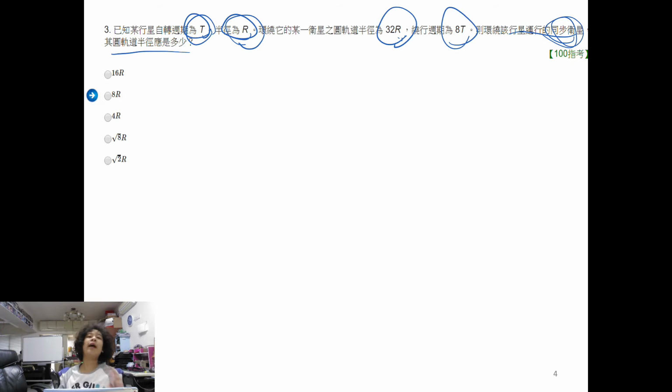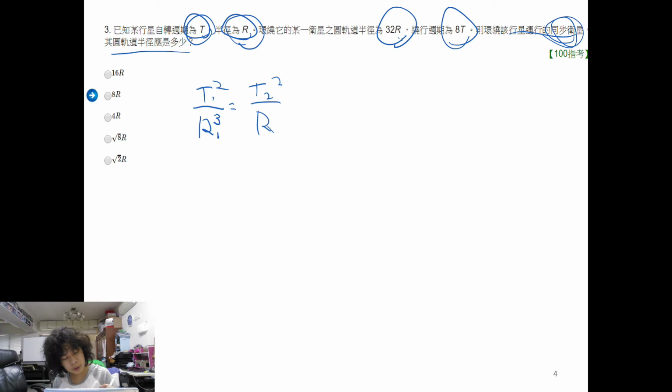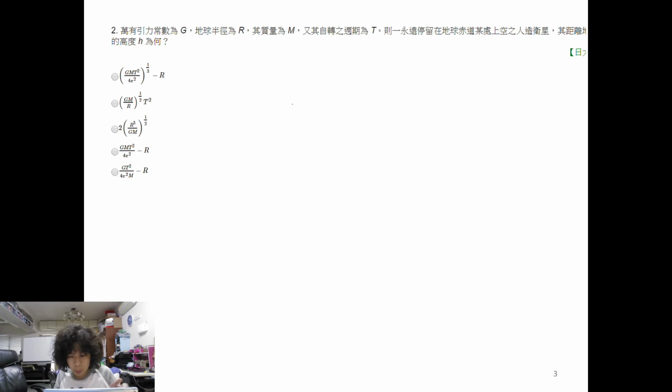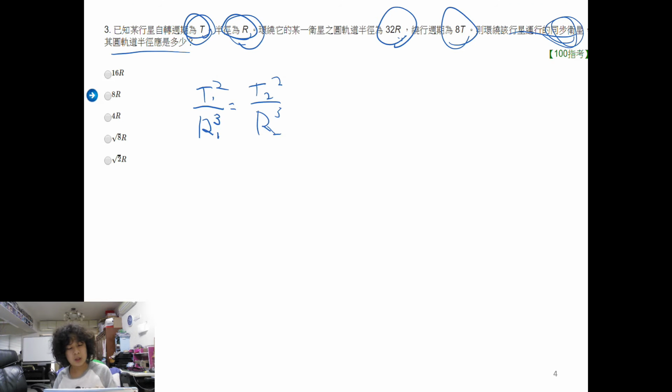Well, if you know Kepler's third law, you will know something like T squared divided by r cubed equals T1 squared divided by r1 cubed equals T2 squared divided by r2 cubed, which is always equal to a constant.